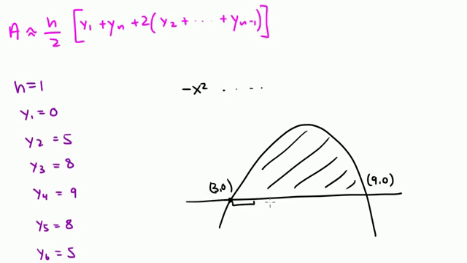The intervals are equal to 1 because that's how we have the x values. And for all of those x values, we now have y values. For example, our first one is (4, 5), so I know that the first height is equal to 5. Our second one is (5, 8), so that's why I know my second height is 8. And the same then for all the other points.